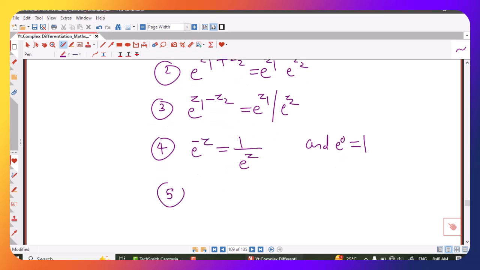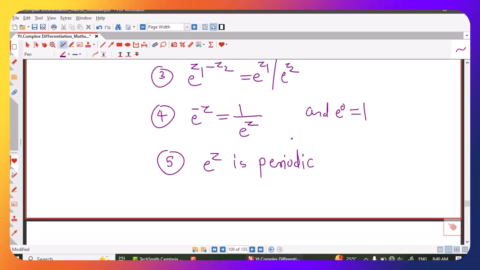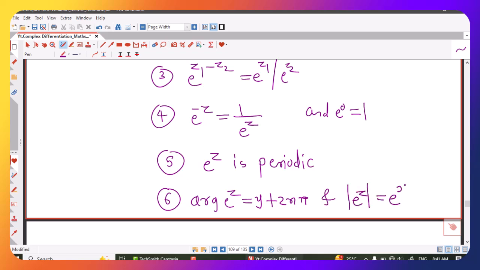And we also proved that e raised to z is a periodic function of period 2 pi i, and we are now familiar that the argument of e raised to z is y plus 2n pi, and the absolute value of e raised to z is e raised to x.